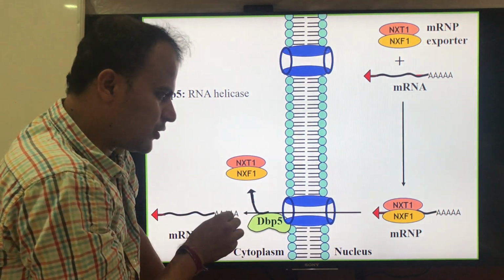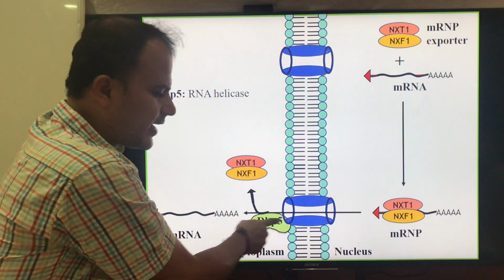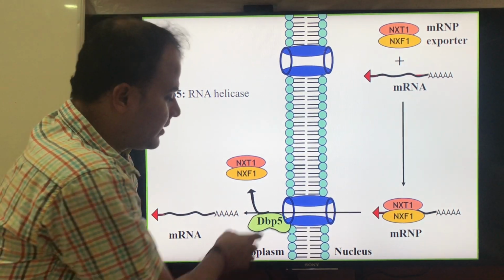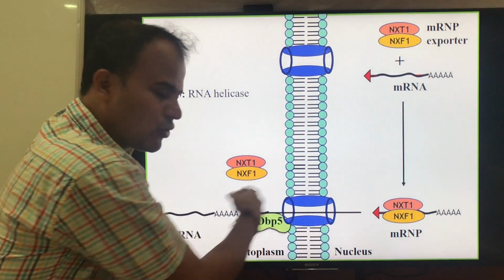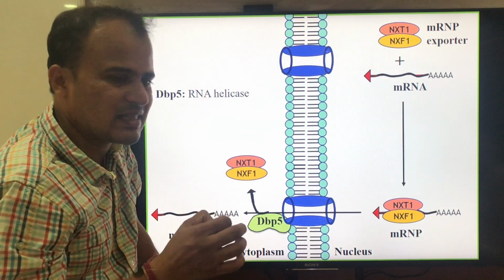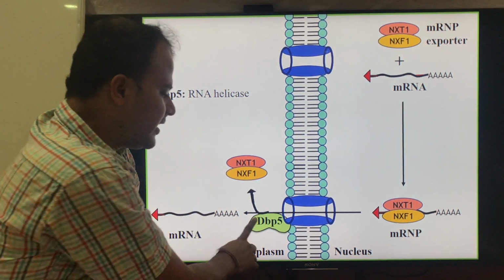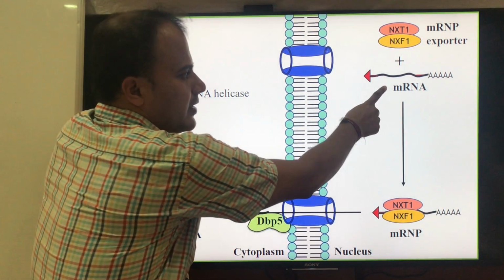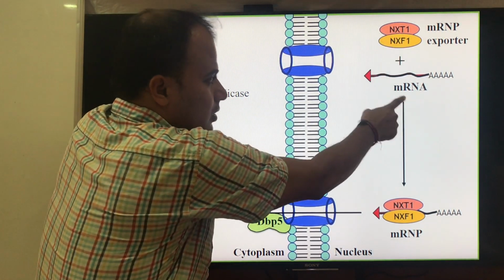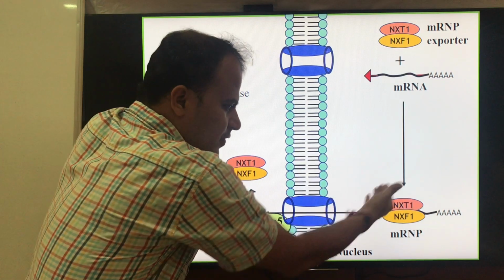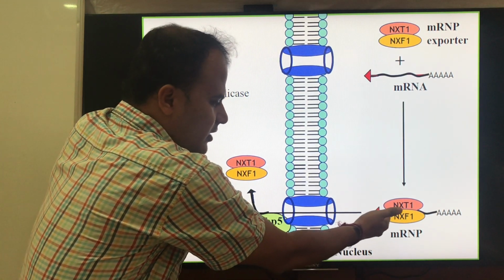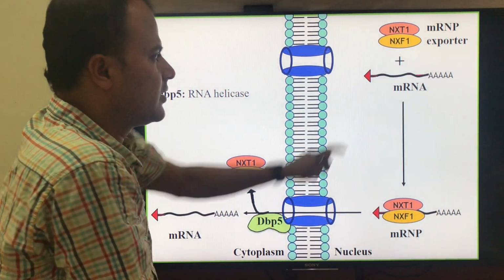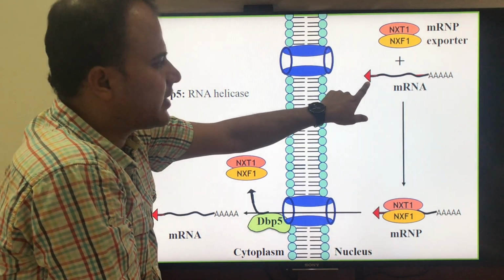An important point to be noticed here is that the cytoplasmic filaments near the nuclear pore complex contain a protein called DBP5. First, the mRNA undergoes complex formation. Once the complex is formed with this protein, the mRNA is transported. The mRNA is shown with the red arrow.